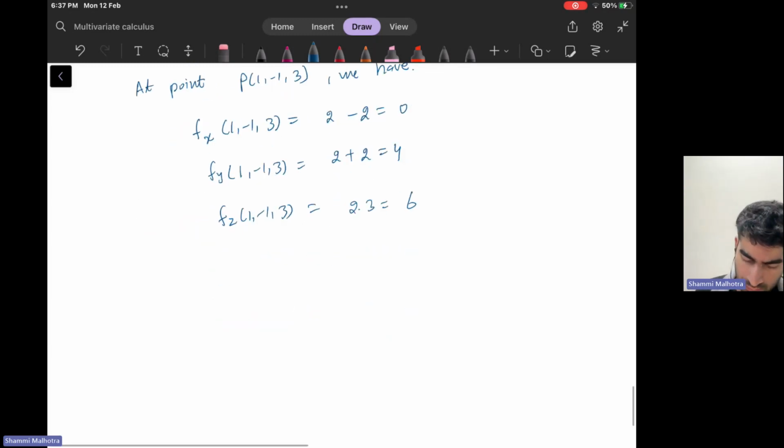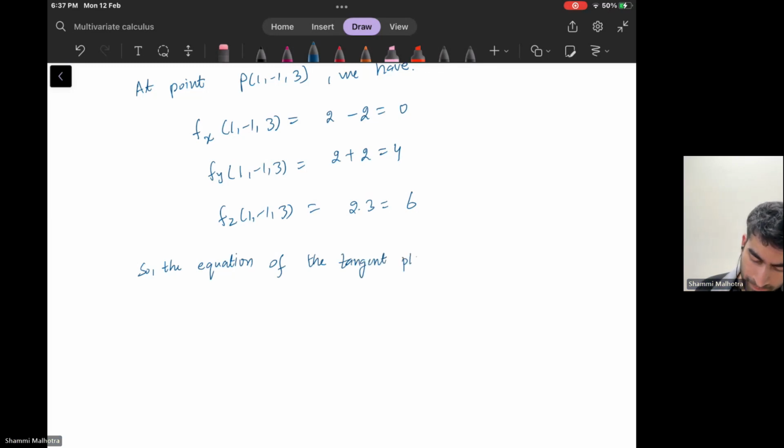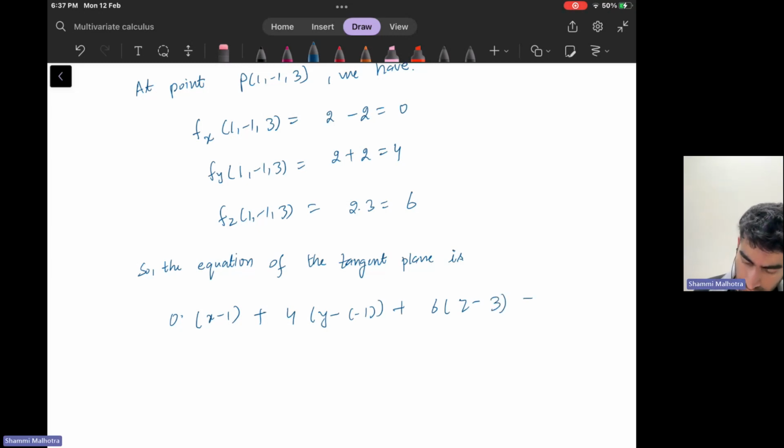So the equation of the tangent plane is 0 times x minus 1, plus 4 times y plus 1, and then 6 times z minus 3, equal to 0.